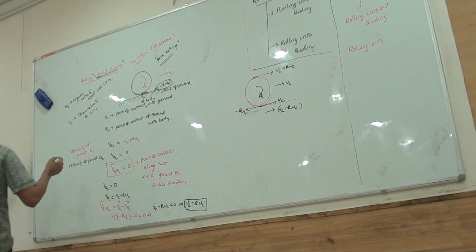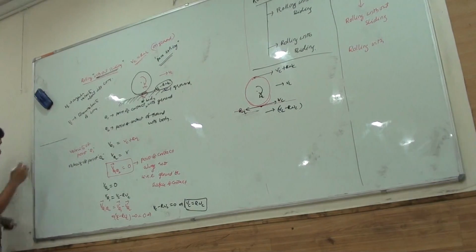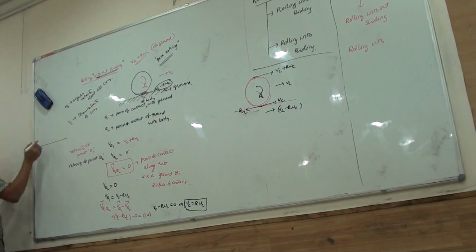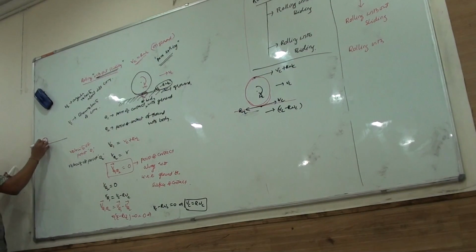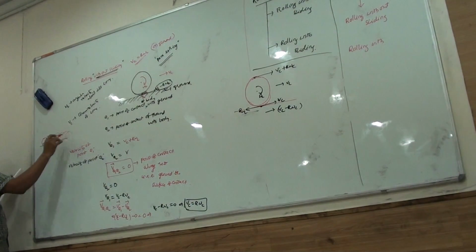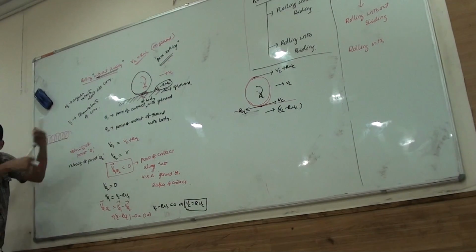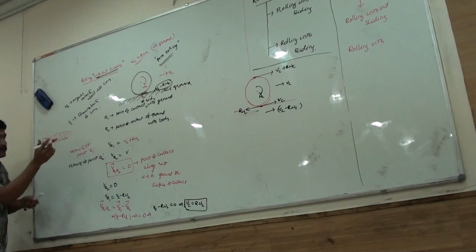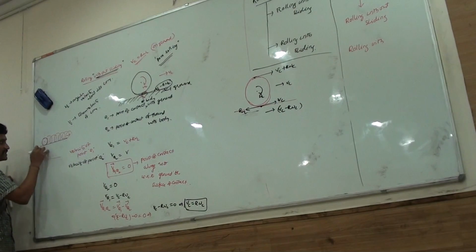Now in the case of pure rolling, let's look at it diagrammatically. This is the center. If it is rotating like this, the body is moving forwards, but in this case it is without sliding.